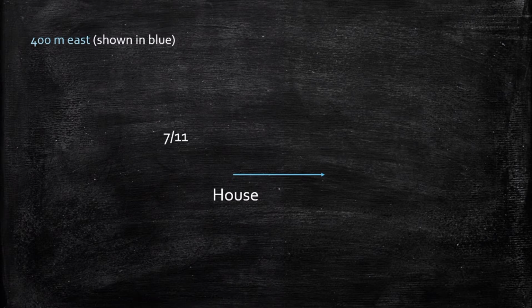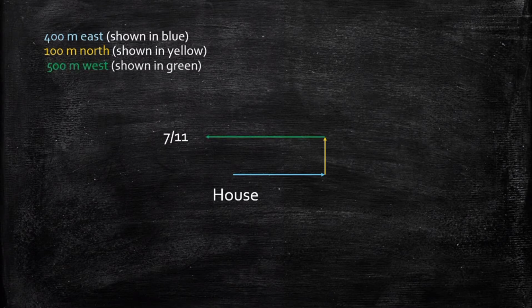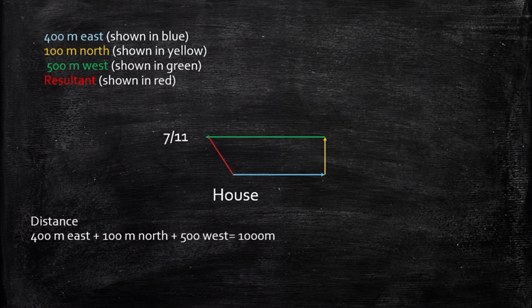And 400 meters east is shown in blue, 100 meters north shown in yellow, 500 meters west shown in green, and our resultant is shown in red. And our overall distance is 1,000 meters na pinag-plus lang natin ng lahat ng mga direction.